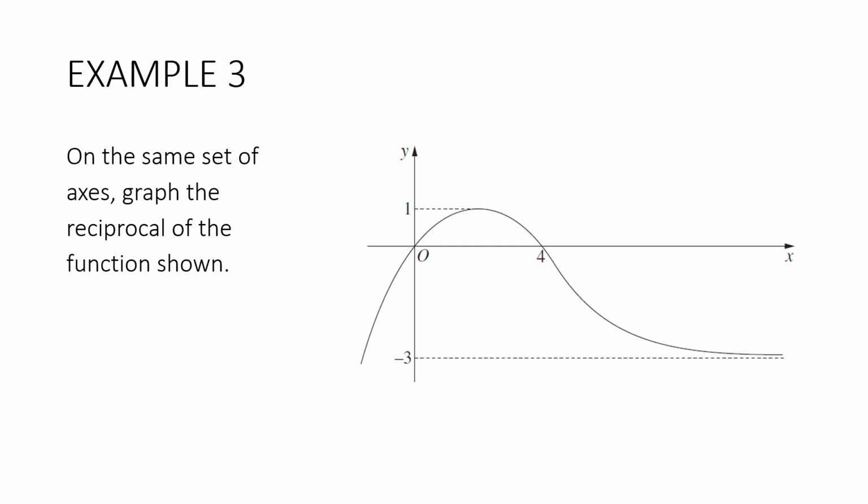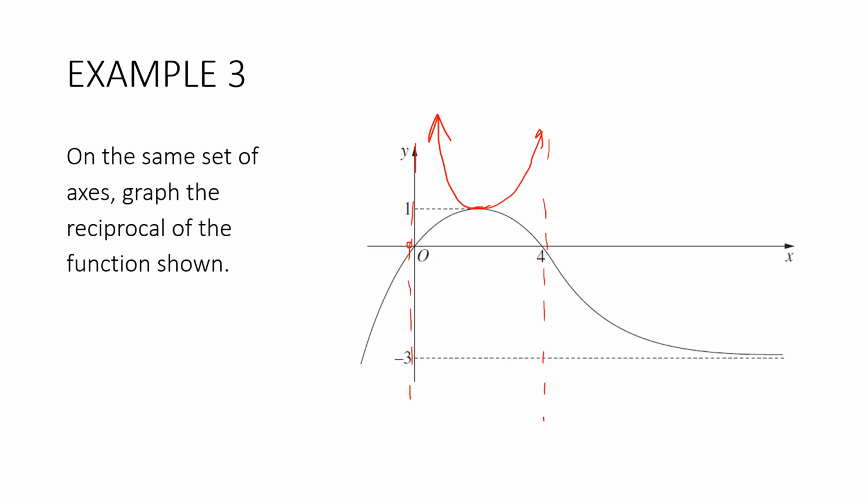Example 3. On the same set of axes, graph the reciprocal of the function shown. Right, so we've got zeros here and here. And we have a maximum. This time the y-coordinate is 1, so that's nice. So let's just flip that up like that. Now, we have a horizontal asymptote at negative 3.